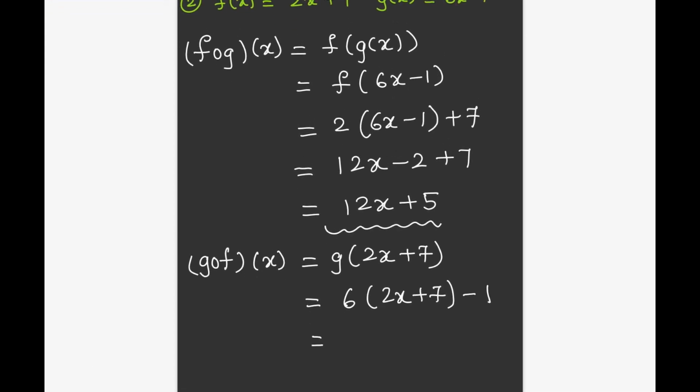If I solve this, using the distributive property to distribute 6 over this parenthesis, I get 12x plus 42 minus 1, and combining the like terms, my final answer is 12x plus 41, and this is my answer for g o f of x.